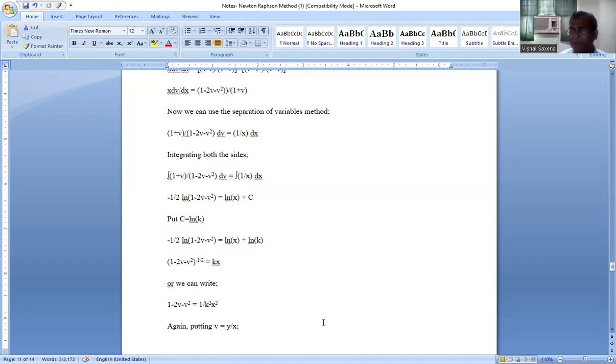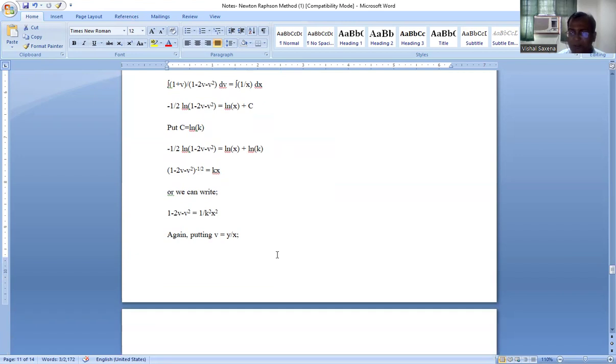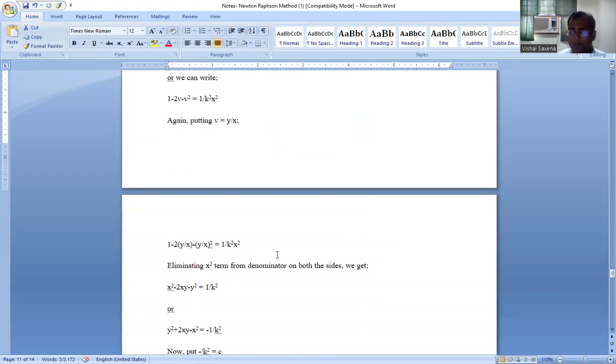Ultimately this becomes (1 minus 2v minus v square) whole raised to the power minus 1 by 2 equal to kx, and now we can simplify this more by taking the square, and finally it is coming there.